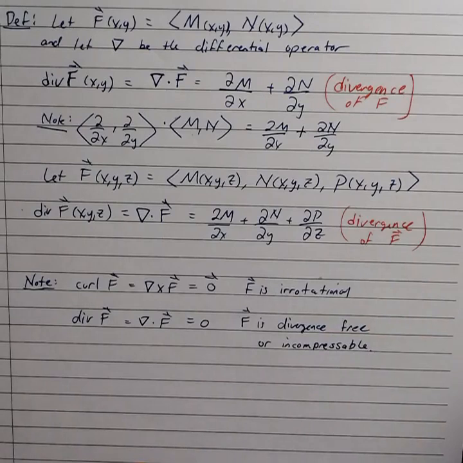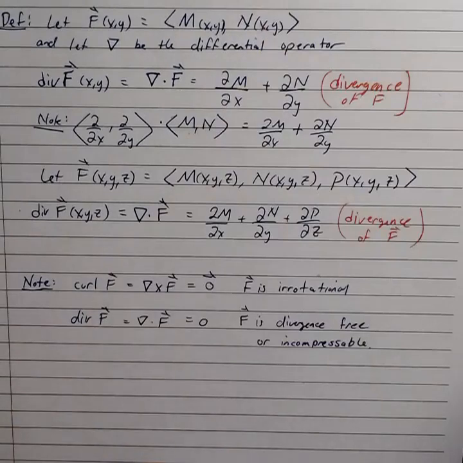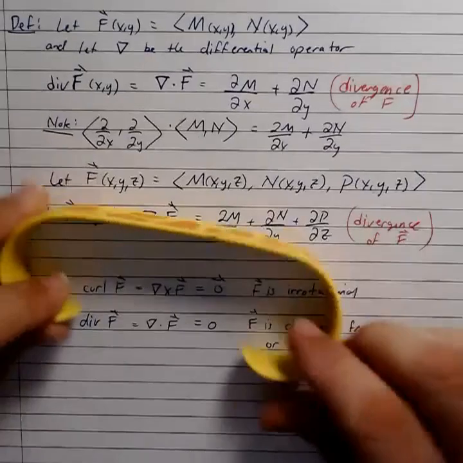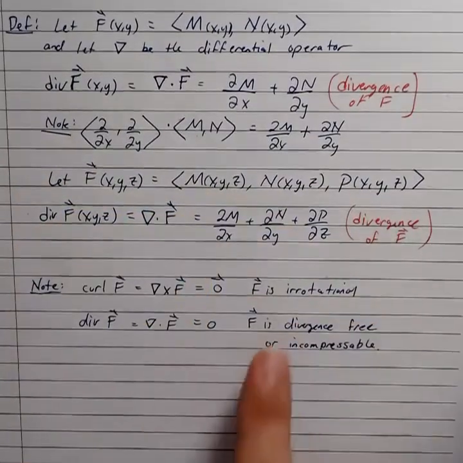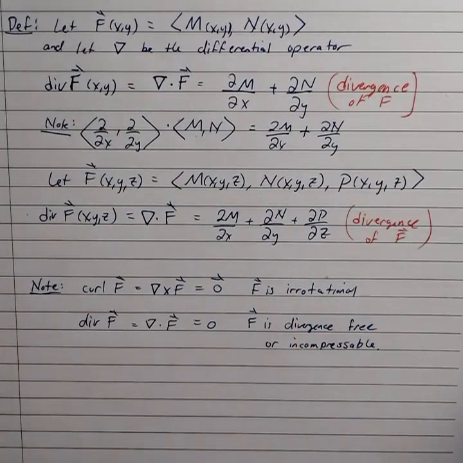At this point, you may have noticed a lot of language which is very, very suggestive. The curl. Curl sounds like something that should, well, curl up. Oop. I meant for that to be dramatic, but not that dramatic. Curl should mean something, curls up. Rotational, irrotational. That sounds like something should be spinning. What's curling? What's spinning?